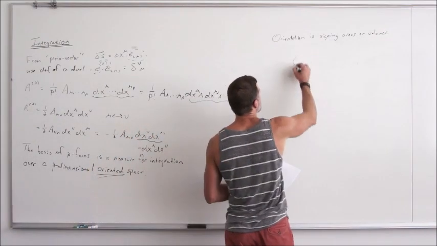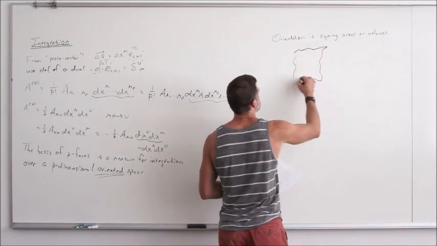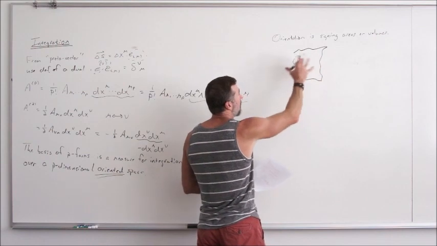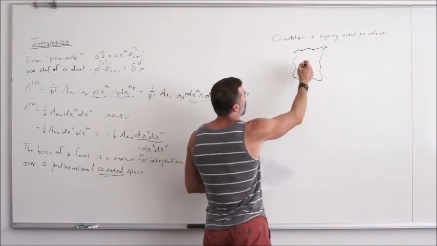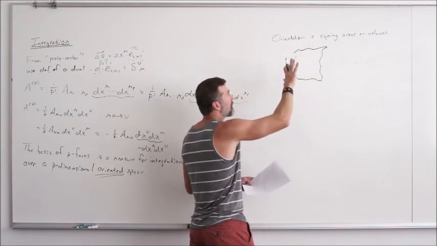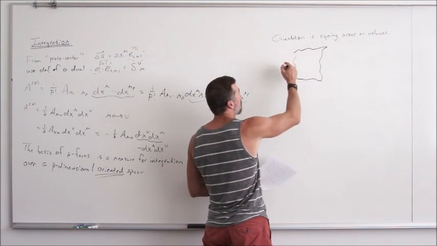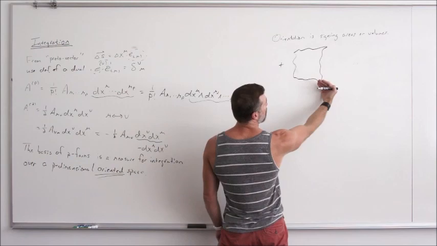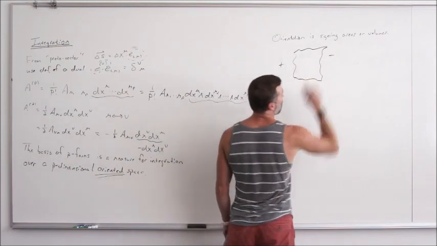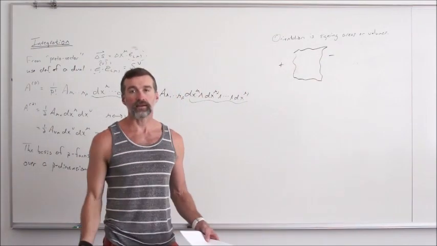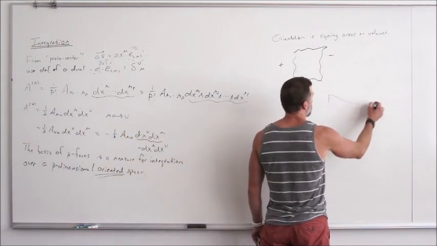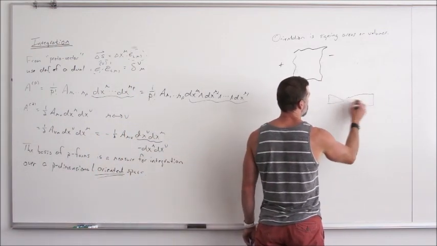So you can imagine if we had some two-dimensional surface, then if we wanted to identify the area of this, we could say, if I'm talking about the area of this side of it, I'm talking about an area we'll call plus. But if I'm talking about the area of the opposite side of it, I might be calling that an area minus. All right?